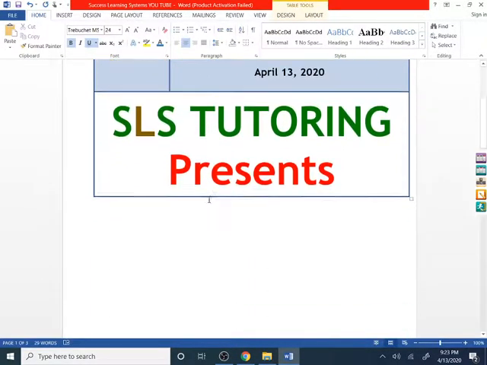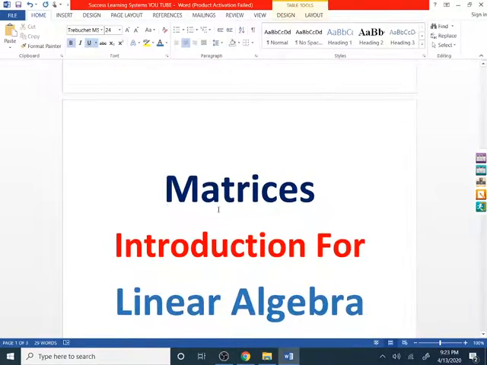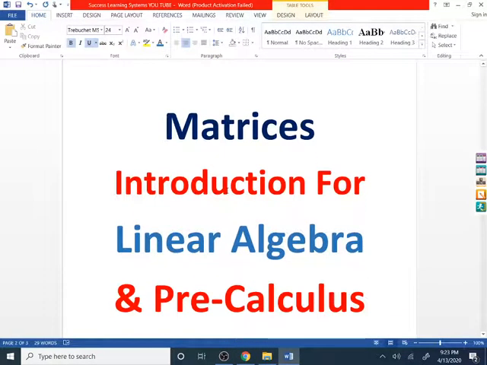Today our class is about something you take in pre-calculus, and if you go to college you will take it in a topic called linear algebra. This topic is matrices.